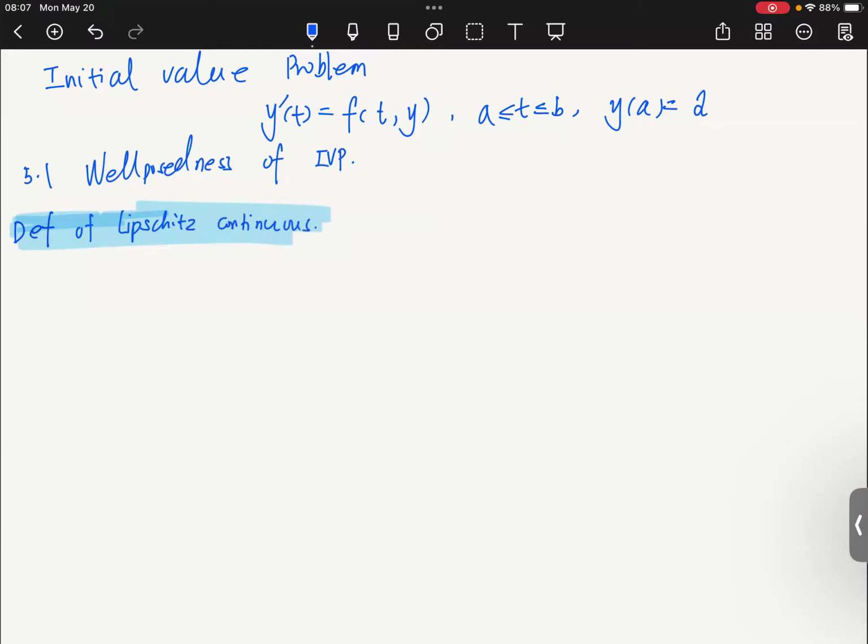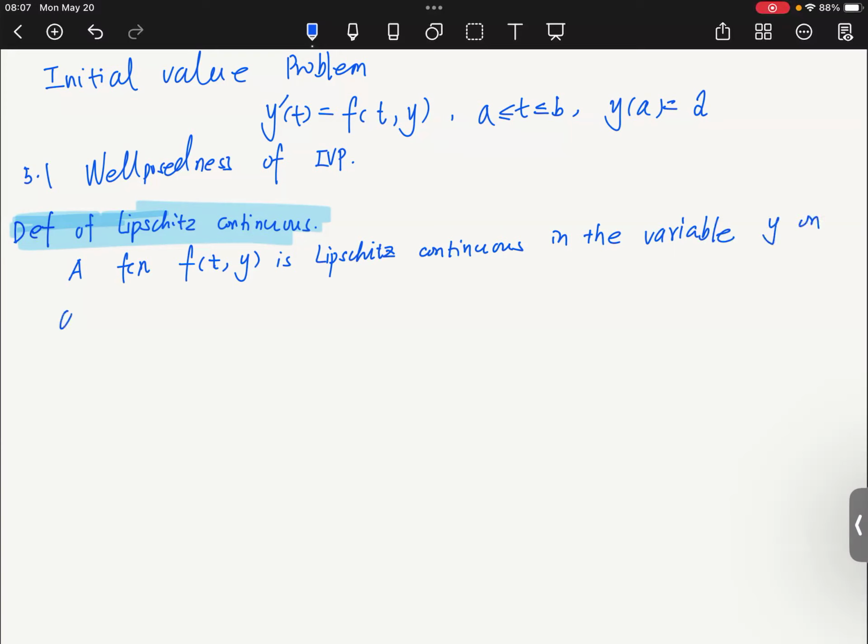For this problem, we have the function f with the variables t and y, and we say, I'm going to use the shortcut here, the function f(t, y) is Lipschitz continuous in the variable y.